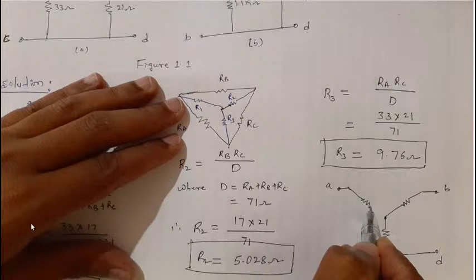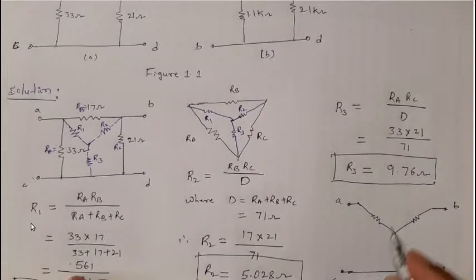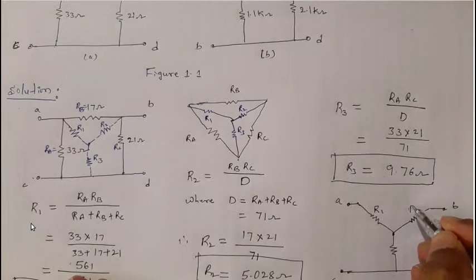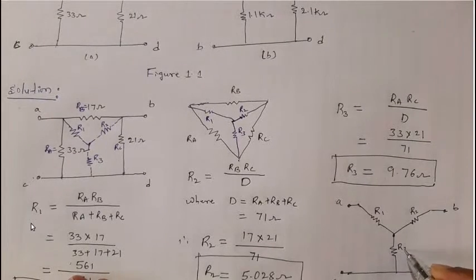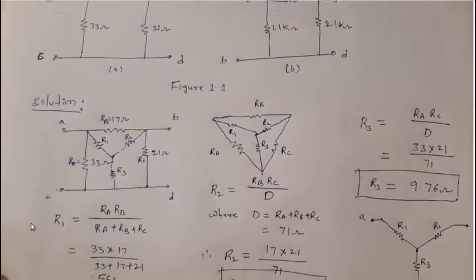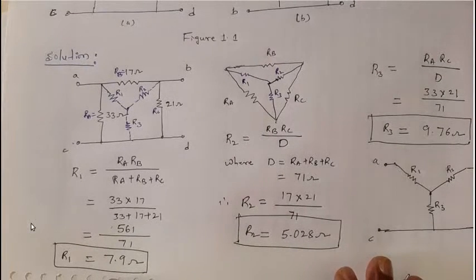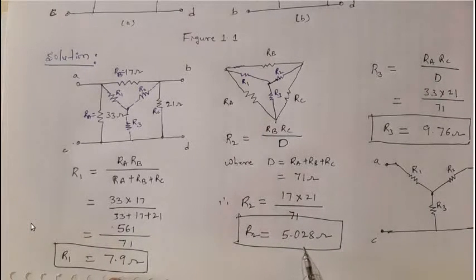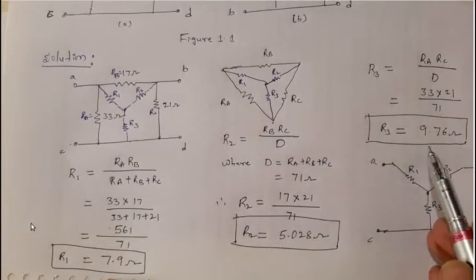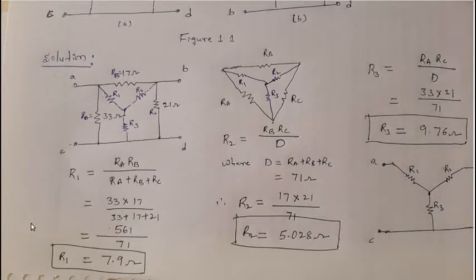As per our conversion, R1 is this, R2 is this, R3 is this. So R1 value is 7.9 ohm, R2 value is 5.028 ohm, and R3 value is 9.76 ohm.